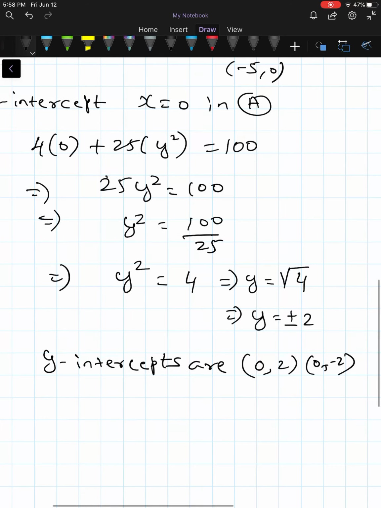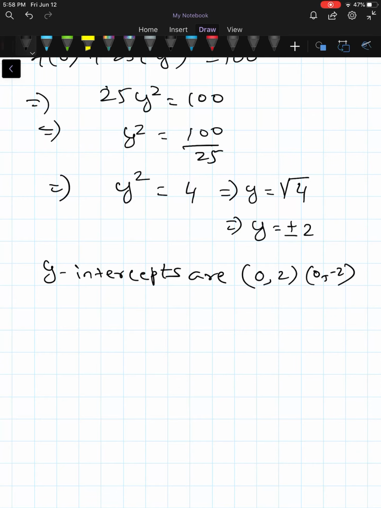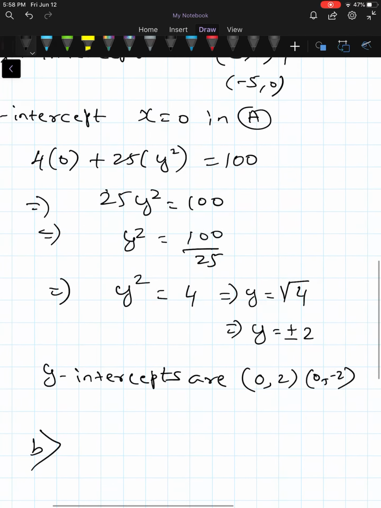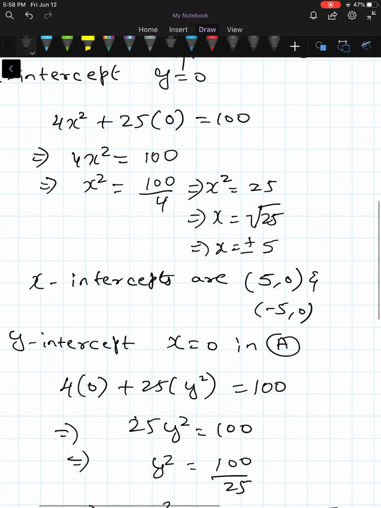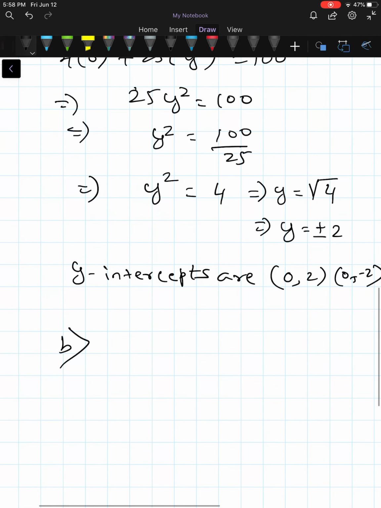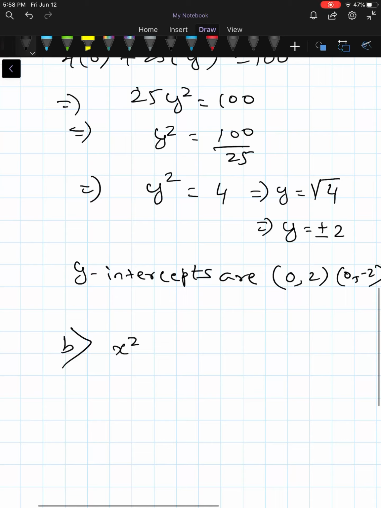You could do this, and let me do another problem for you. This is B, the second part of the same problem: x square minus xy plus 3y is equal to 1.